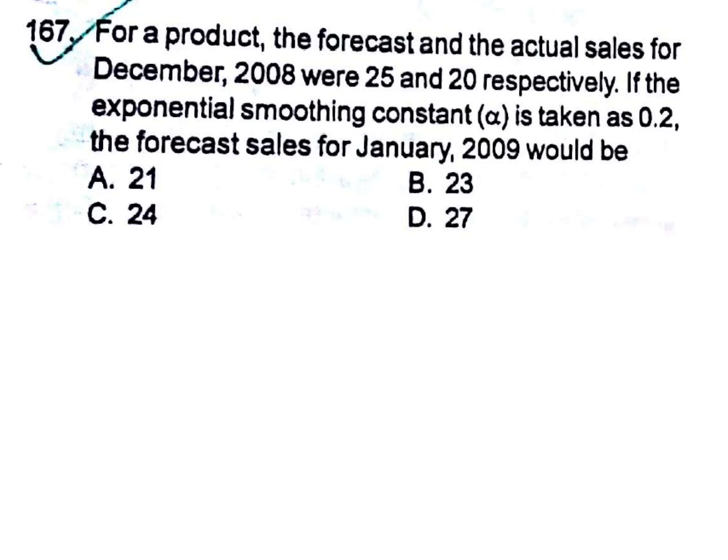In this, forecast for December is 25, demand for December is 20, smoothing constant alpha given 0.2, and our formula is Fn equals Fn minus 1 plus alpha into Dn minus 1 minus Fn minus 1.